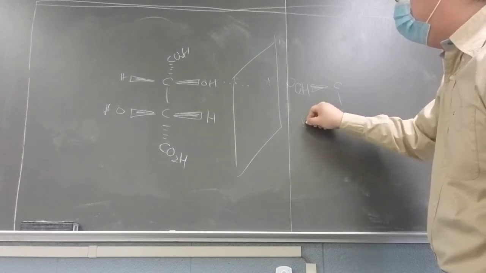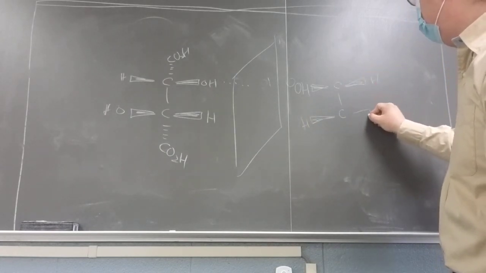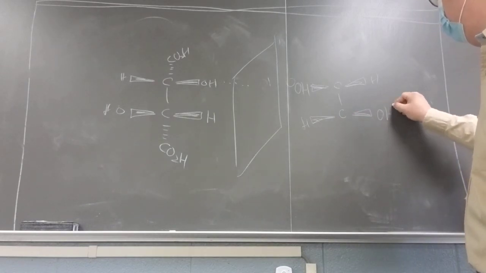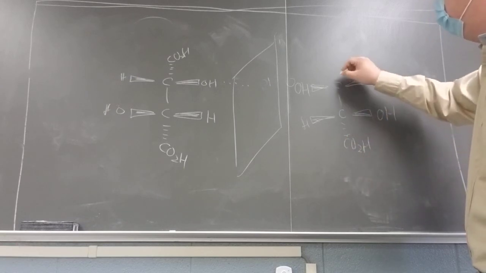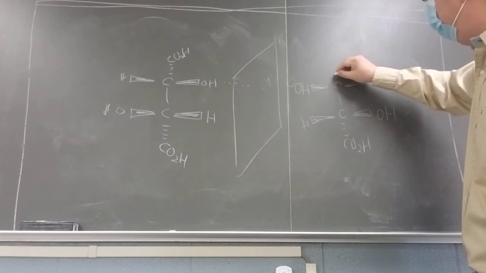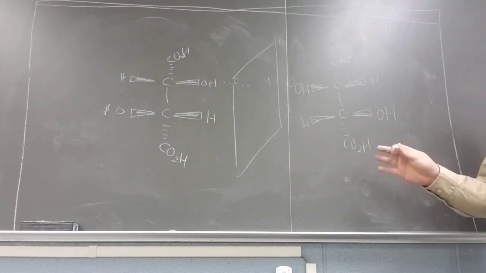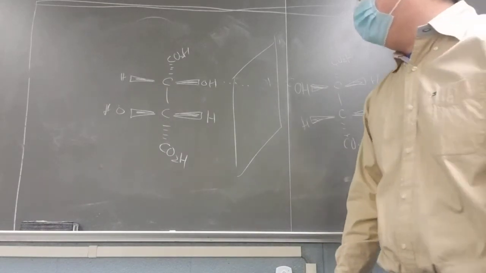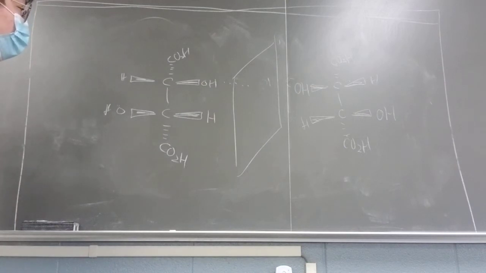This is what we call tartaric acid, but yeah. Anyway, so as you can see, these are mirror images of each other, right? This is a mirror image of each other.